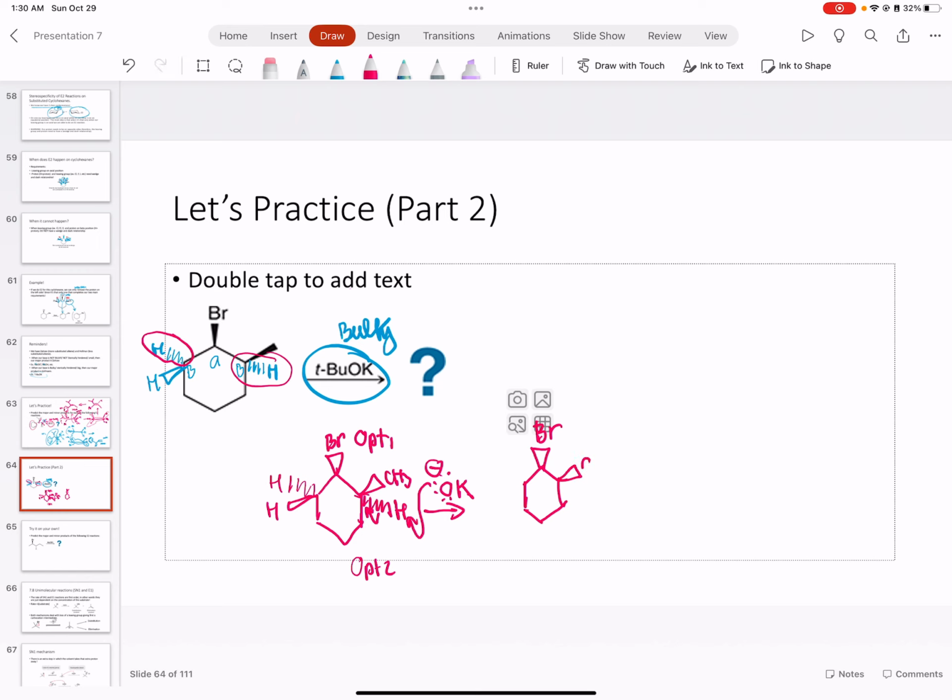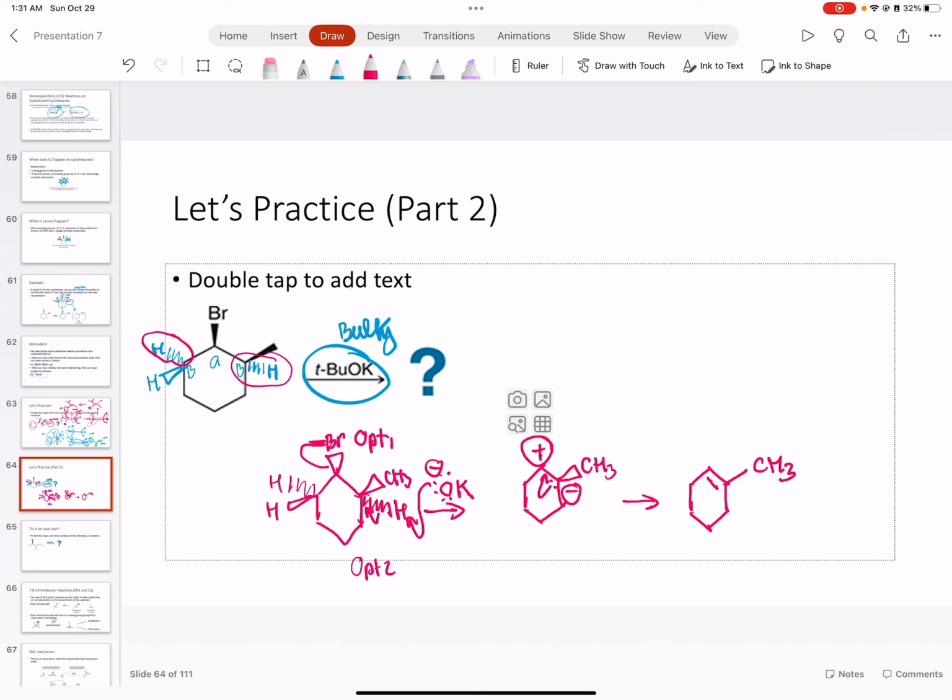So then I'll have a CH3 negative, and then my bromine will leave. So then I will erase that one, it will be positive, and then I'm able to do a double bond with that one. So then technically one of my answers will be like this.